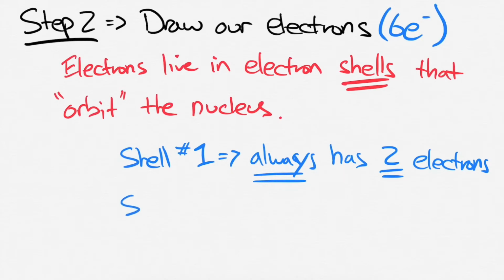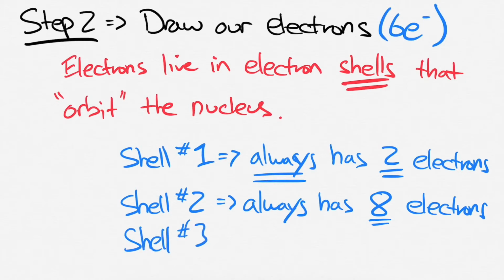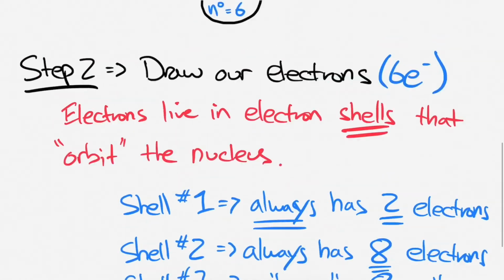Shell number 2 always has 8 electrons. Shell number 3 always has 8 electrons. And I'll give you a guess about shell number 4. It always has 8 electrons too.